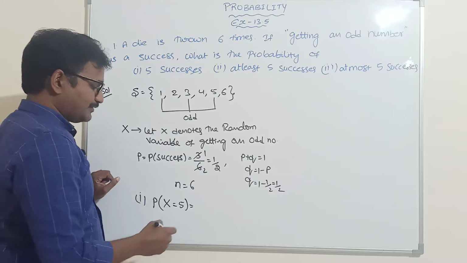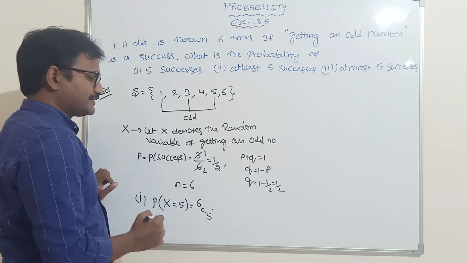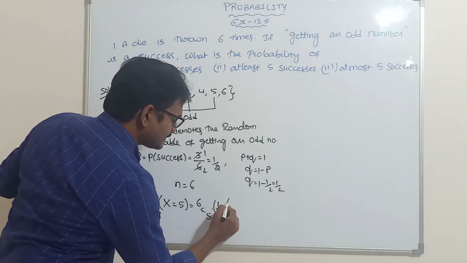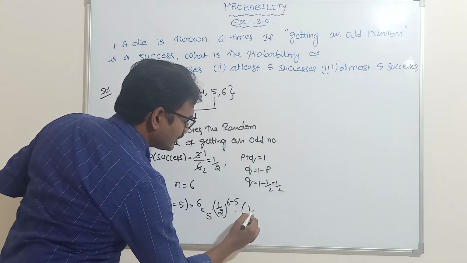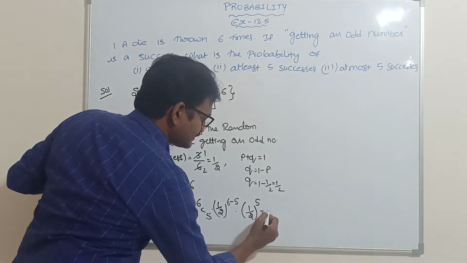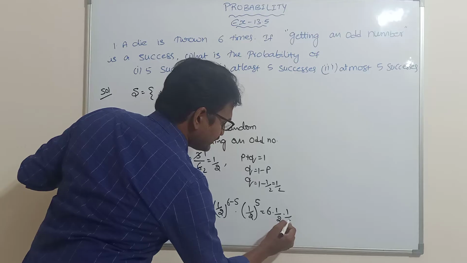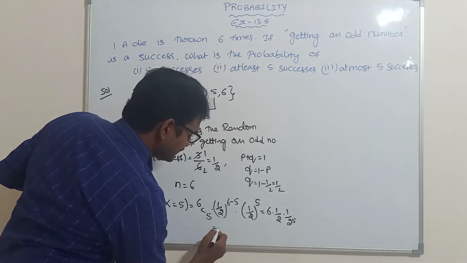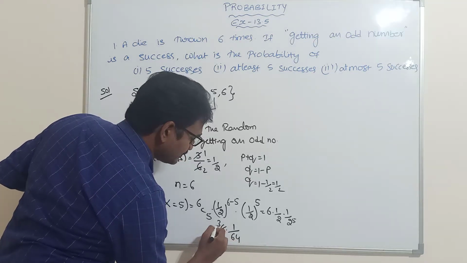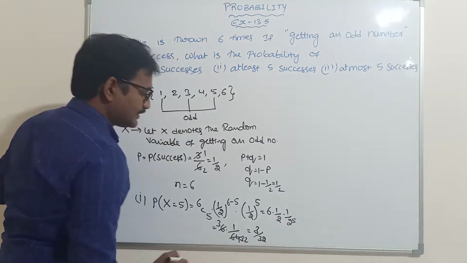So P of x equal to 5 is 6c5 into (1 by 2) power 6 minus 5 into (1 by 2) power 5. The 6c5 value is 6, so 6 into 1 by 2 into (1 by 2) power 5. That means 6 into (1 by 2) power 6, which is 6 by 64. Two 3s are 6, two 32s are 64. So the answer is 3 by 32.